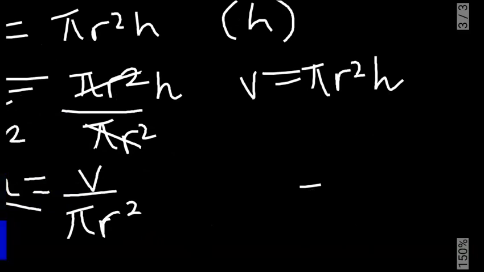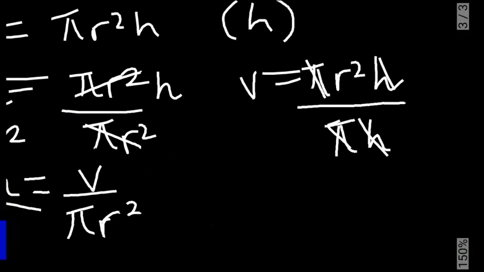So they are still bonded by the multiplication operation. All we have to do is divide, using their opposite, which is division, by those things hindering r from emerging. So we have pi h. This cancels out this, this cancels out this.